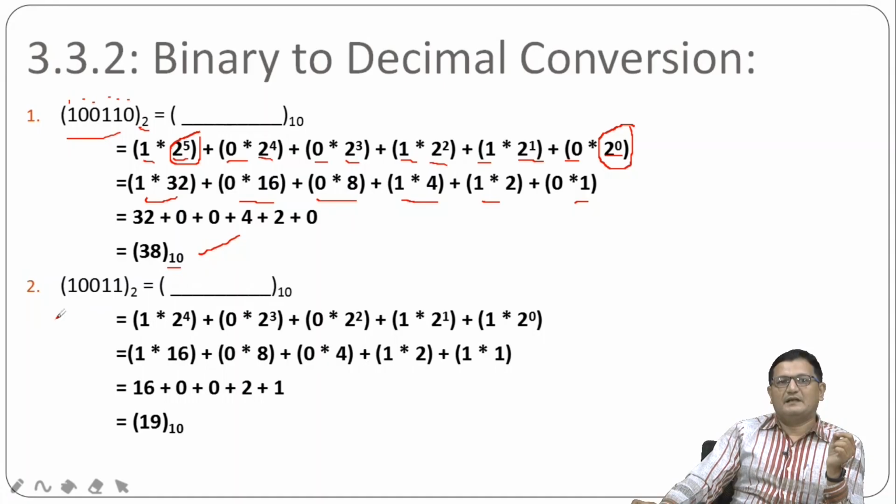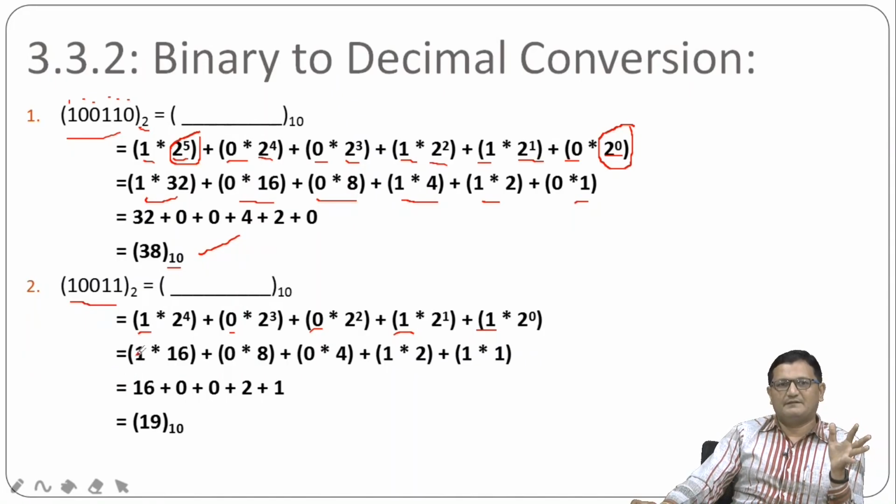Similarly, suppose this is the number given to you, then you write down that binary: 1 0 0 1 1. What is the next step? You just need to count how many digits are there. There are a total of 5 digits.